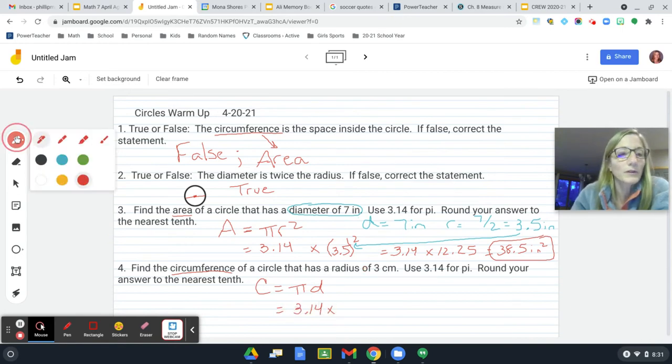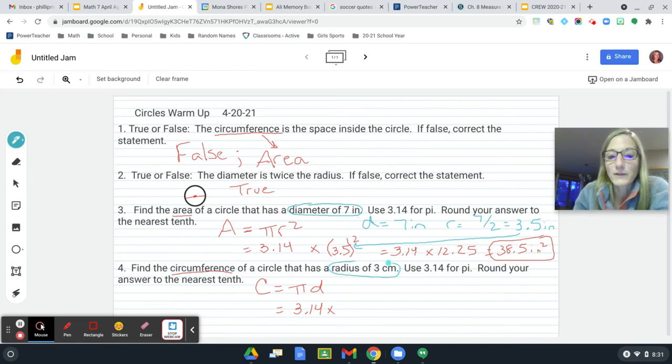So we go back up and look in the problem, and the problem tells us the radius is 3 centimeters. So we need the diameter. So if we understand the radius is 3 centimeters, we're going to multiply that by 2, double it to get the diameter. So now we have a diameter of 6 centimeters.